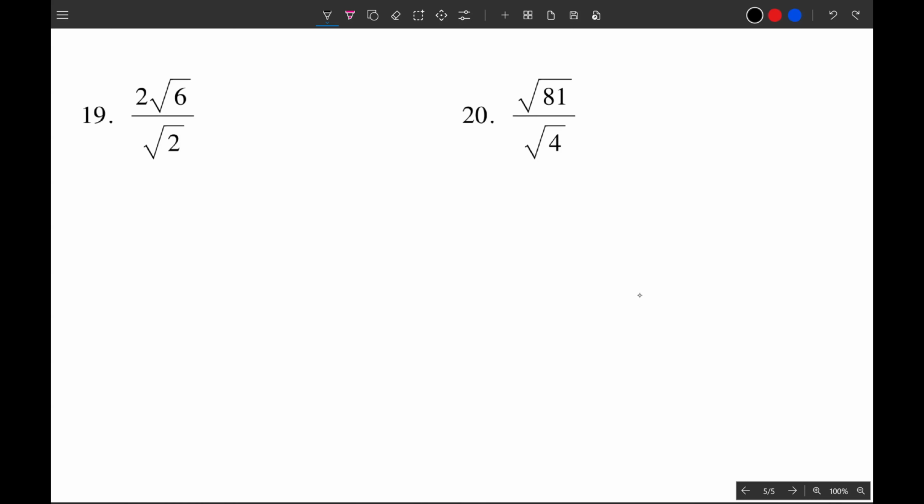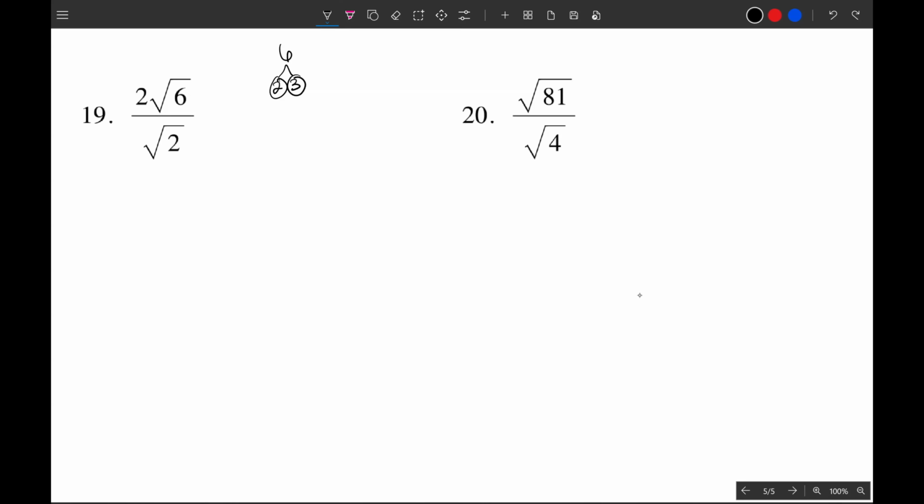All right, number 19. These are already split, and I can see that 6 is not a perfect square, and if I try to split 6, I just get 2 times 3, so it's the product of two prime numbers, and 2 is also a prime number. But, you know, something you're going to learn is we typically don't leave roots in the bottom of your fractions.